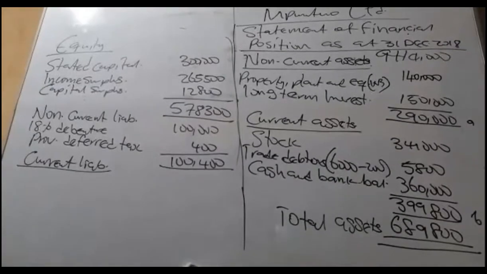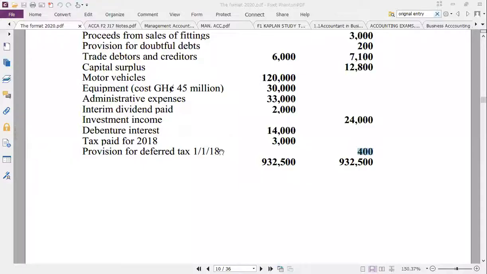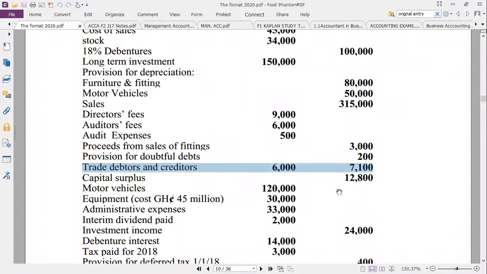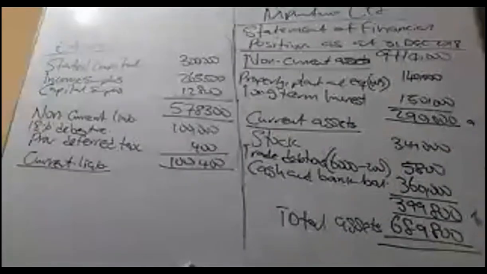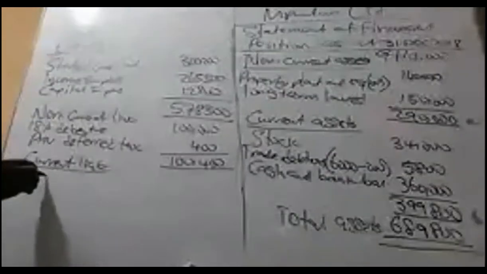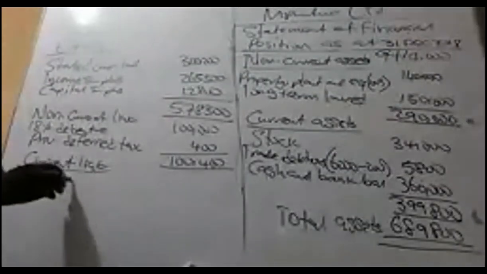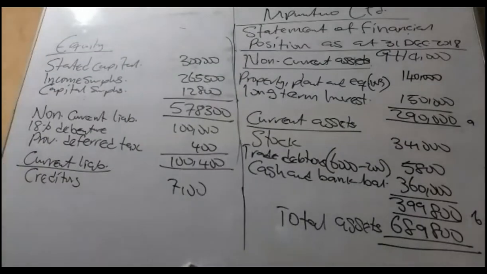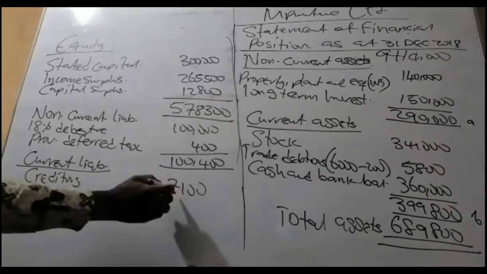The trade payable or the creditors, and then any expenses that they are owing. So let's go. Creditors is 7,100. Please, is there any other item we have to keep in?